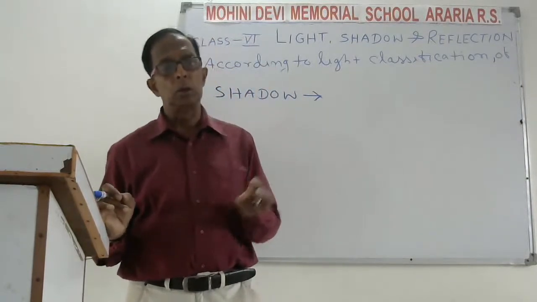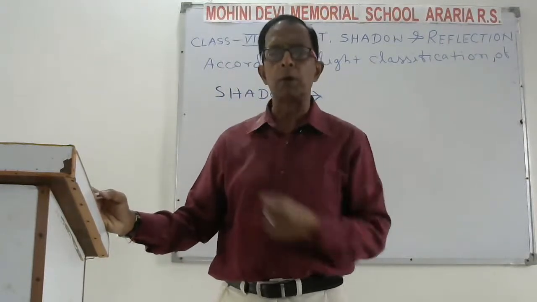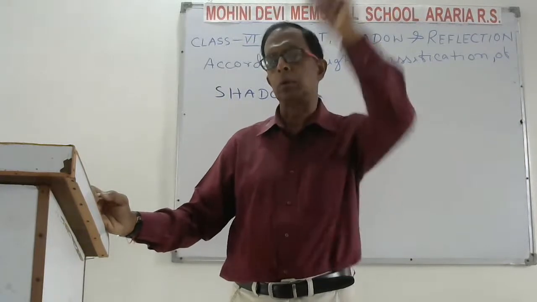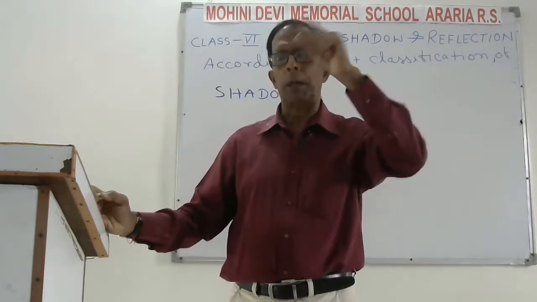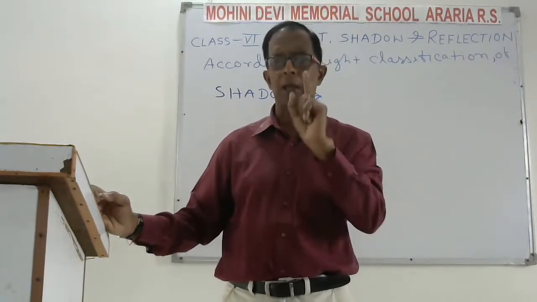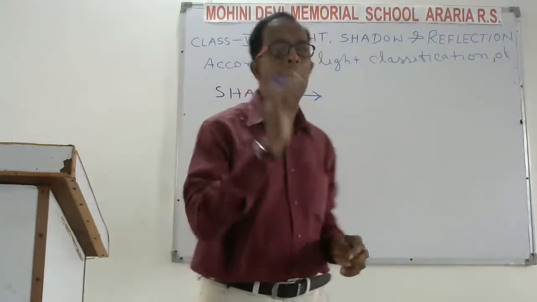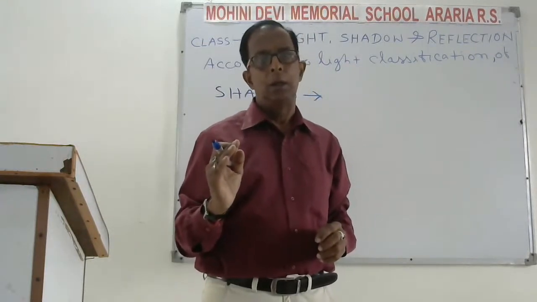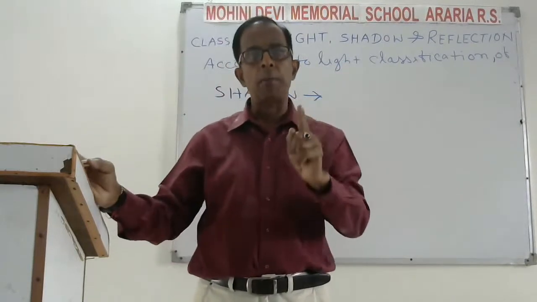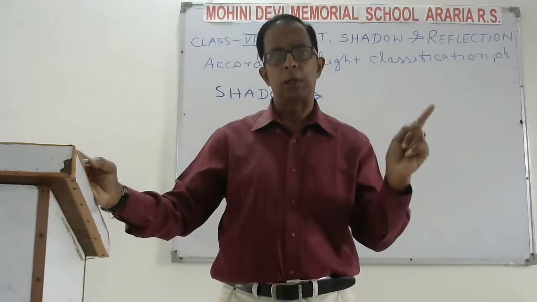In morning, your shadow is formed when your face in front of the sun. Then the shadow is formed behind yourself in your backside. And the color of the shadow is black. It means a black patch behind an opaque object formed on a screen is called shadow.